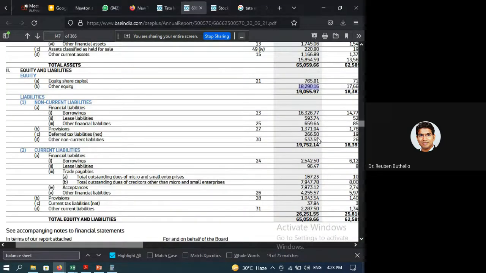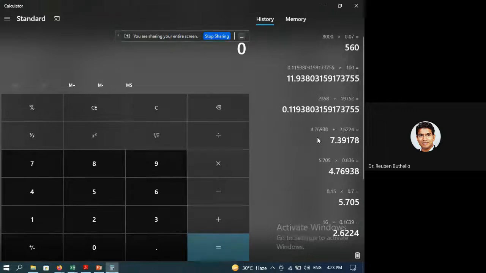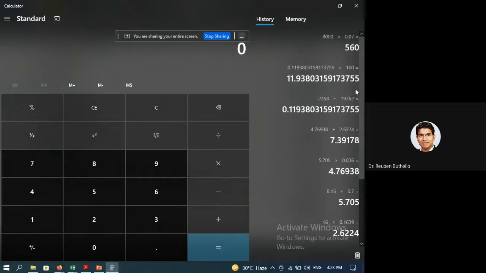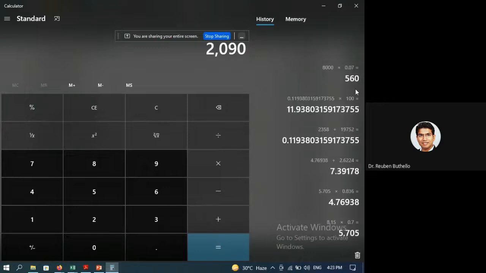We saw it in the P&L. 11%. What was the actual value? 19,000 crore into 11%, 2,090 crore he has paid as interest. Suppose he went to State Bank of India and took 19,000 crore. State Bank tells him, you are Tata Motors, I give you at 7%.